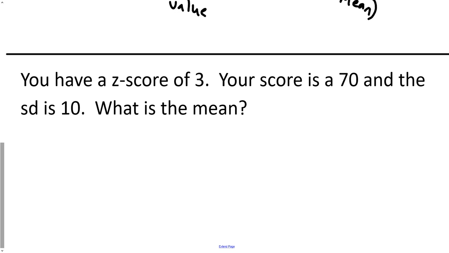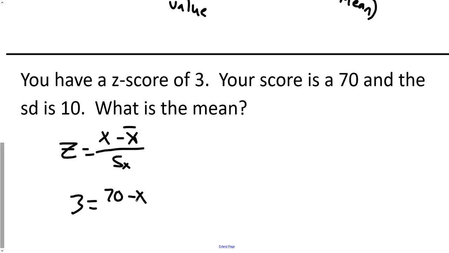This is just formula based. You know the z-score is 3, so z-score is equal to the value minus the mean divided by the standard deviation, which means if I plug things in, 3 is the z-score. That should be equal to 70 minus the mean divided by 10. Now solve it.